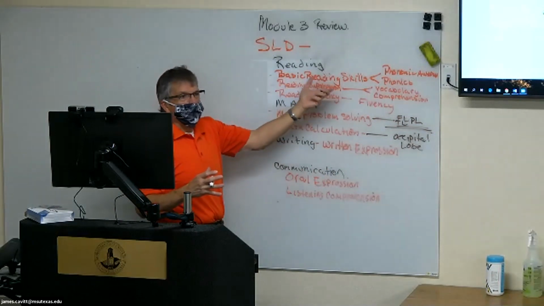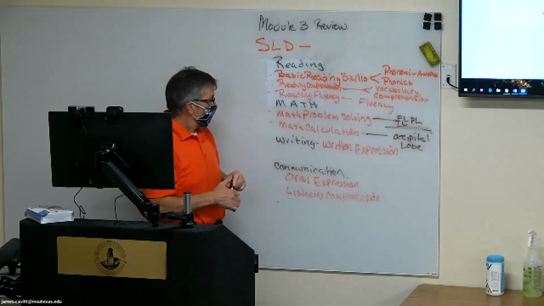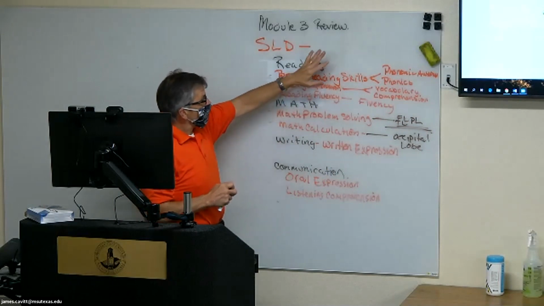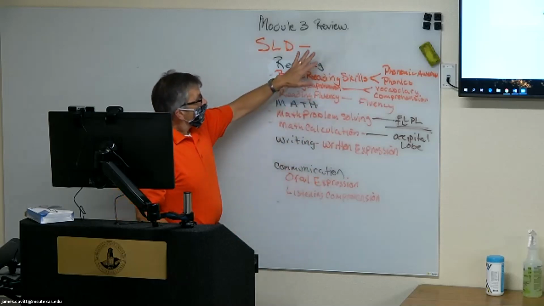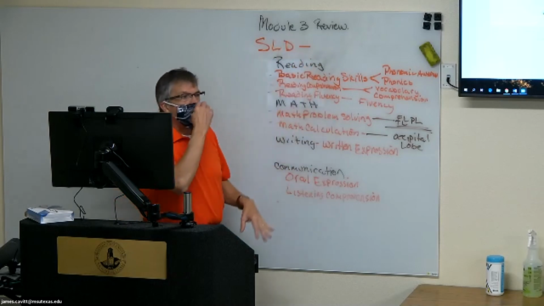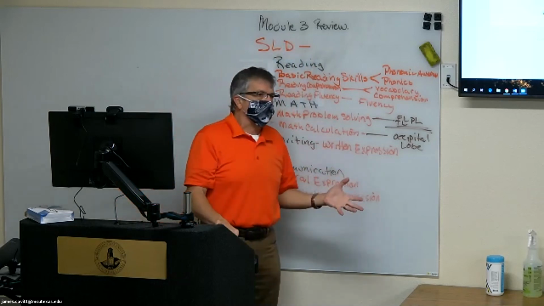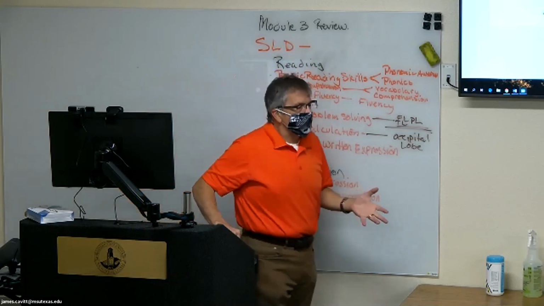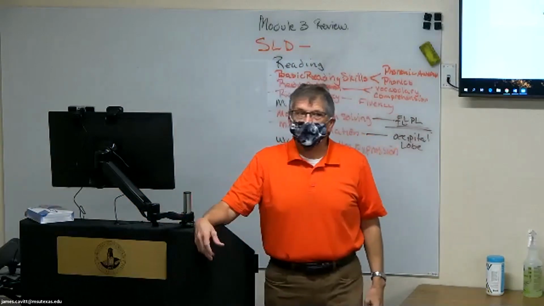And remember, reading is a co-opted process, according to Dr. Souza. This will be either one of the matching or fill in the blank questions on the test. So that's important for you to remember. Okay.